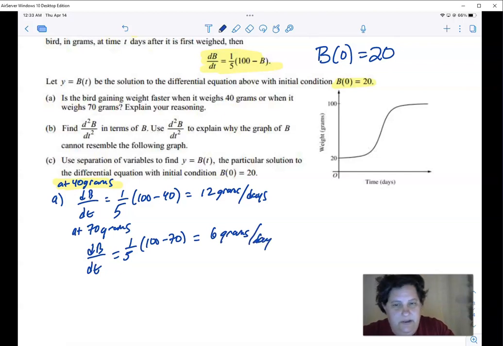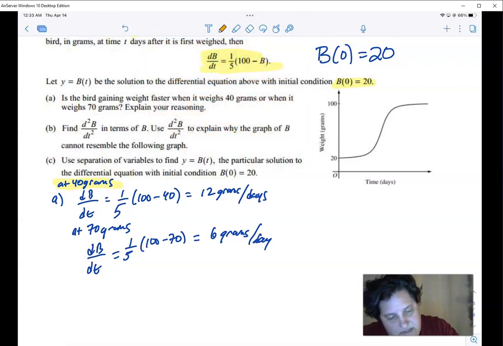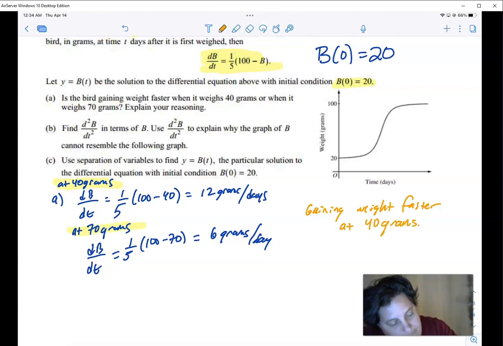I think that's all we need. We actually don't need the second derivative, I was mistaken. It's gaining weight faster at 40 grams, because the derivative is more grams per day.